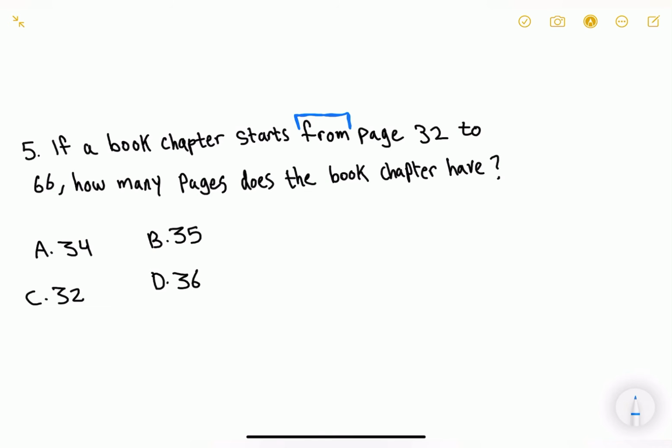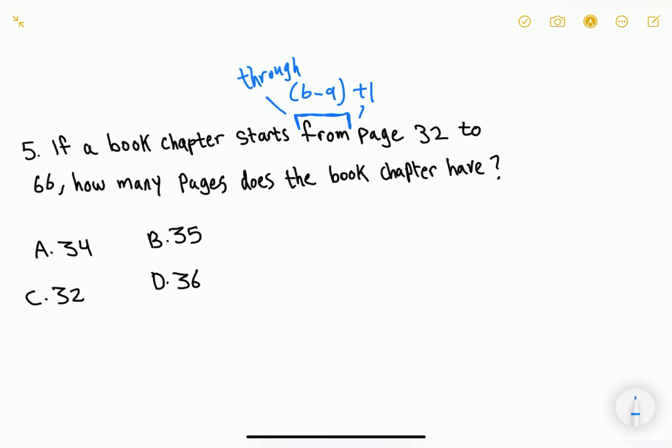We can infer that we have to use this formula: B minus A plus 1. Why? Because it includes the word from. But not necessarily, they can also use words like through, just synonyms. So when we see this rule, we apply it to from.